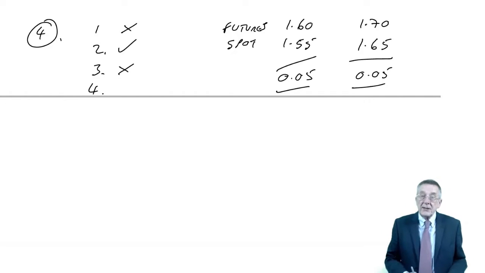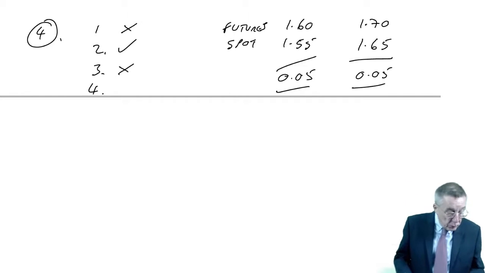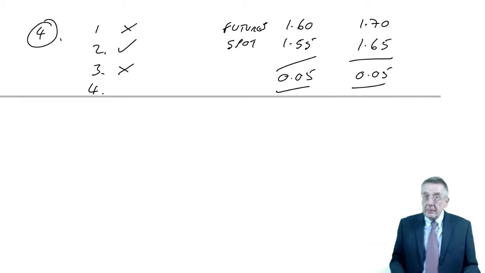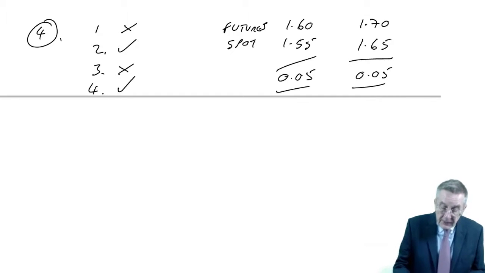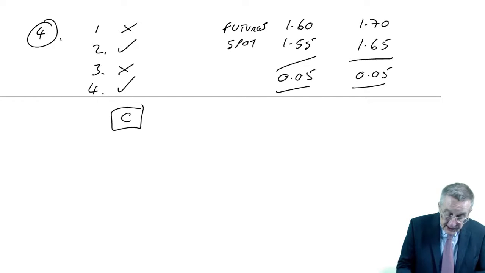Because they don't, because of that basis risk, it's one of the reasons for the hedge not being perfect. So it's 2 and 4, the answer is C.